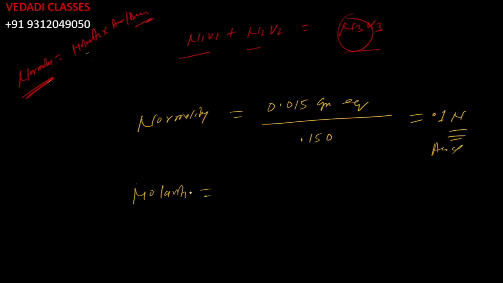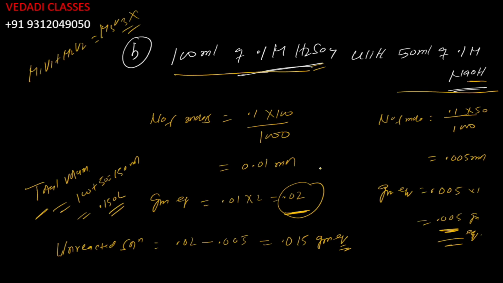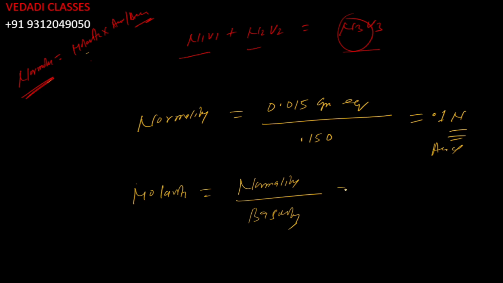So molarity will be normality upon basicity. The basicity of H2SO4 we know is 2. So normality is 0.1 divided by 2, so it will come 0.05 M.